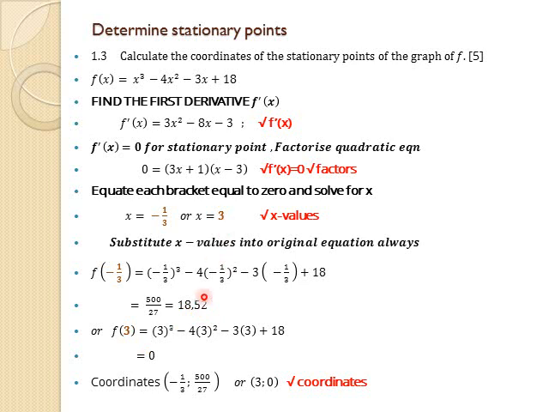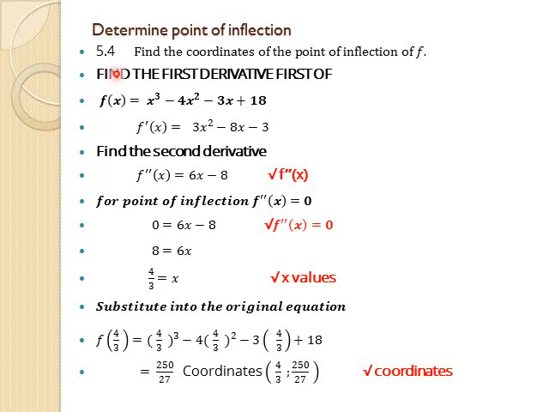Put in f of 3: 3 cubed minus 4 times 3 squared minus 3 times 3 plus 18 gives me 0. So my turning points, or my stationary points, have coordinates at minus 1 over 3 and 500 over 27, or 3 and 0.